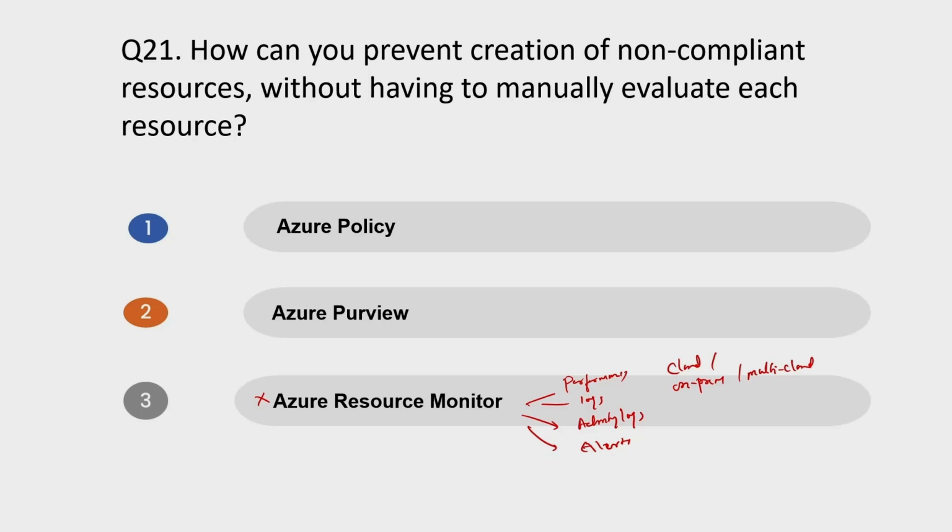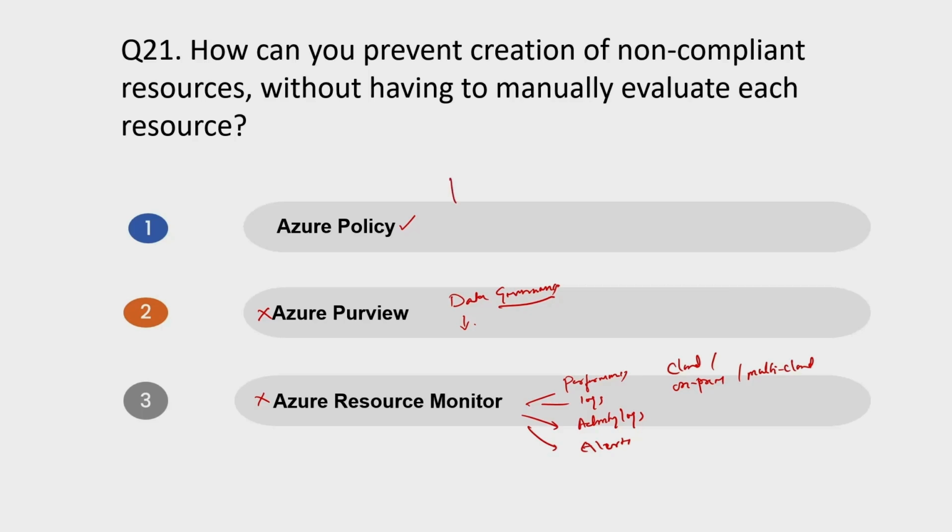Azure Purview is a service for data governance. It will classify the data, whether it is sensitive data, whether it is less critical or high critical data. So this is a data governance service. It is not related to do anything with the resources. I will also eliminate this answer. This is the wrong answer. The right answer is Azure Policy.